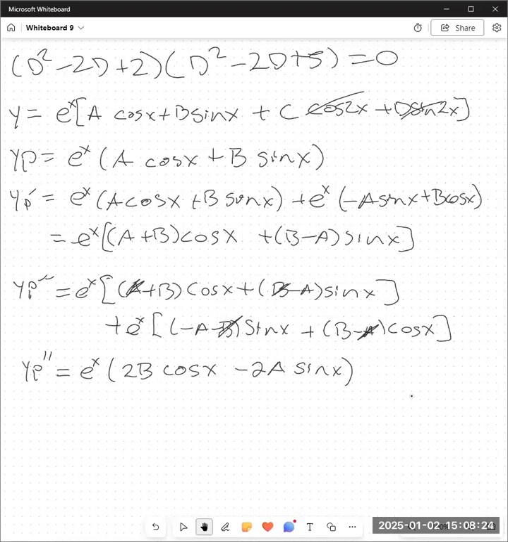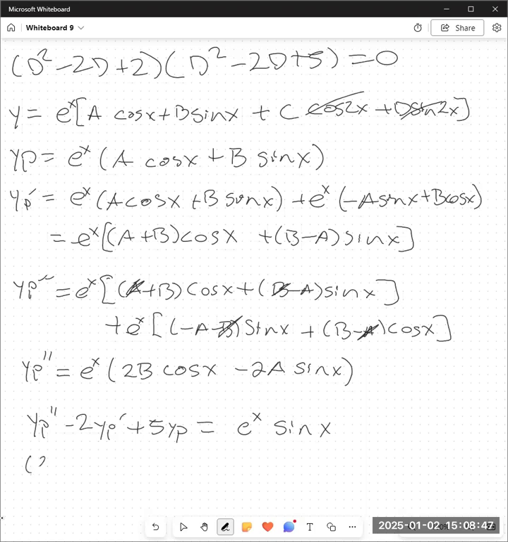So we need yp double prime minus 2yp prime plus 5yp equals e to the x sine x. We've got e to the x's and everything, so I'm just going to look at the part that's not e to the x.